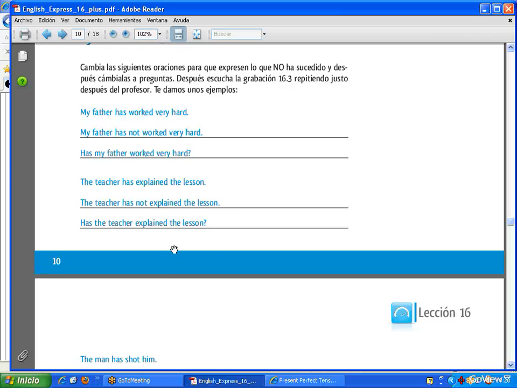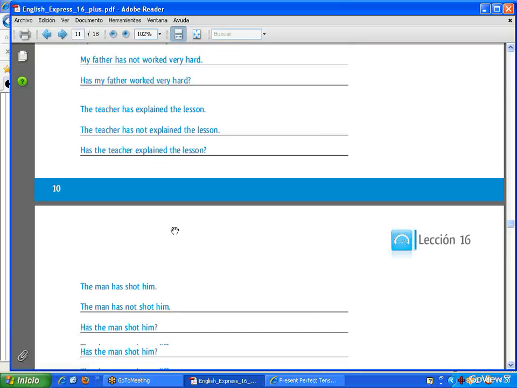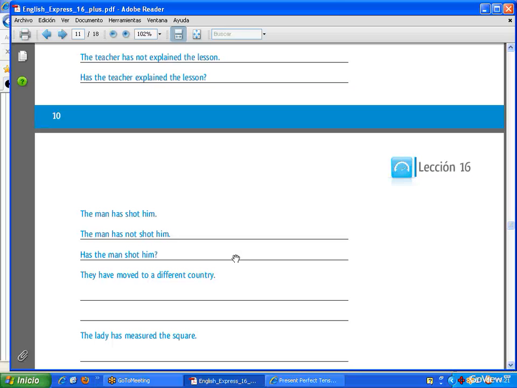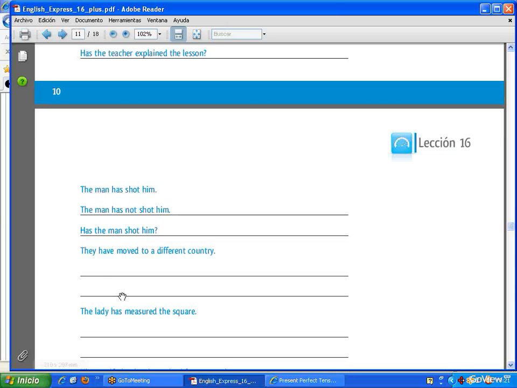Ellos han movido a un país diferente, for example. They have not moved to a different country. So that's quite easy. Have they moved to a different country?